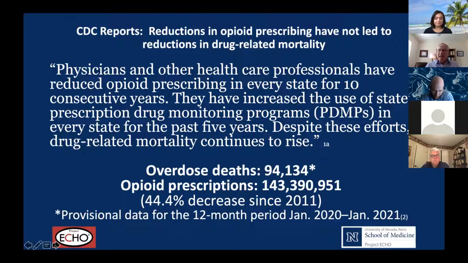How long does it take to have the brain without oxygen before you have some brain damage? So opioid prescriptions saw a 44.4% decrease since 2011. And the death total, 94,000, is provisional data for the 12-month period from January 2020 to January 2021. And that's well in the pandemic. Okay, go ahead, next slide.